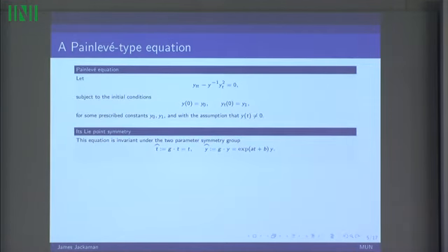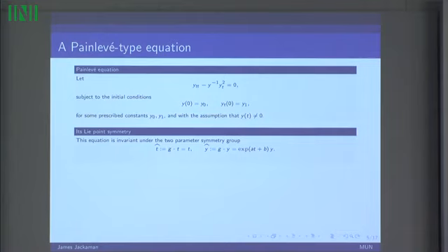Now, we're going to look at a two-parameter Lie symmetry of this equation. We're going to look at the symmetry which maps t just to itself and y back to y multiplied by some exponential of at plus b, where a and b are the parameters which define our group action.